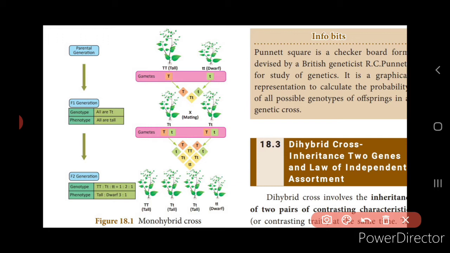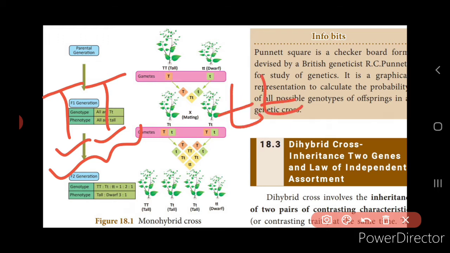Next we'll see what is homozygous and heterozygous. Now when the inheritance occurs, an alike or unlike pairing can take place. Pure breeding, that is capital T and capital T, so this is the pure breeding, isn't it? So when they are alike, they are called homozygous, right? So here both dominant characters are brought together, so it is homozygous.